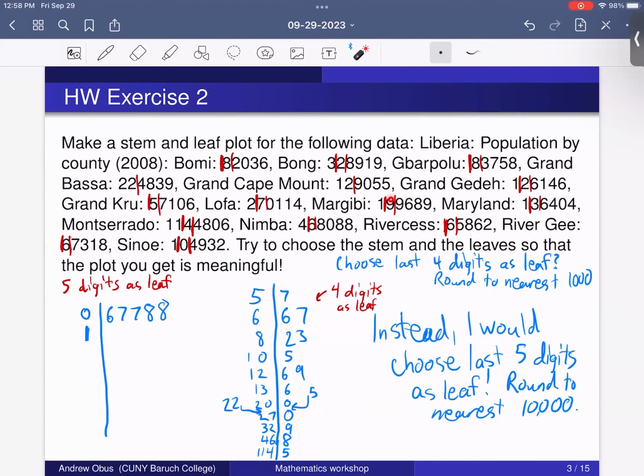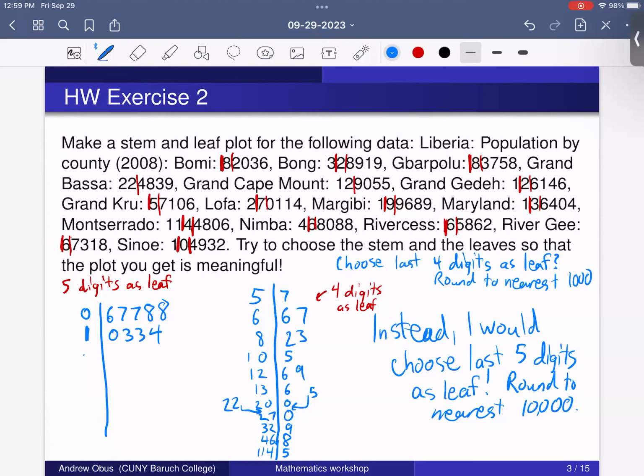So here I have a 1, and if I'm rounding to the nearest 10,000, then I'm going to have 130,000, 140,000, so 130, 140, and 100,000, and another 130,000. So it's going to be a 3, a 3, a 4, and a 0. So here I would have 0, 3, 3, 4, if I want to write them in order.